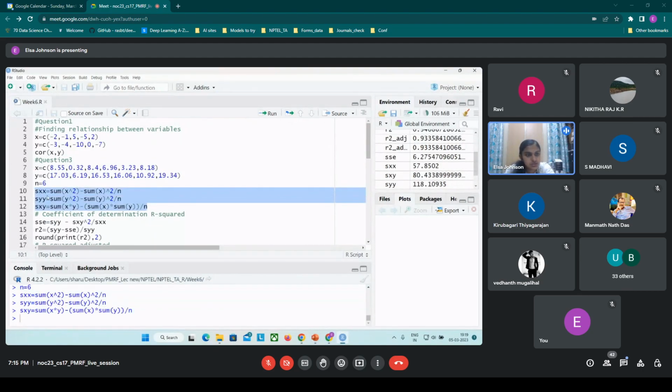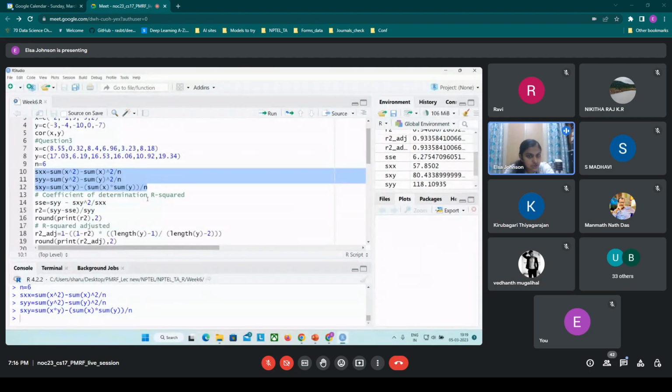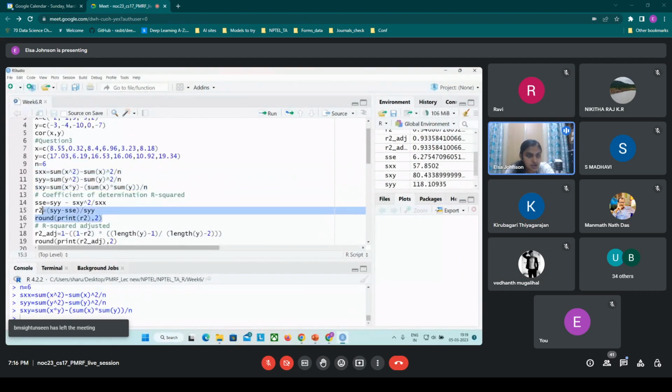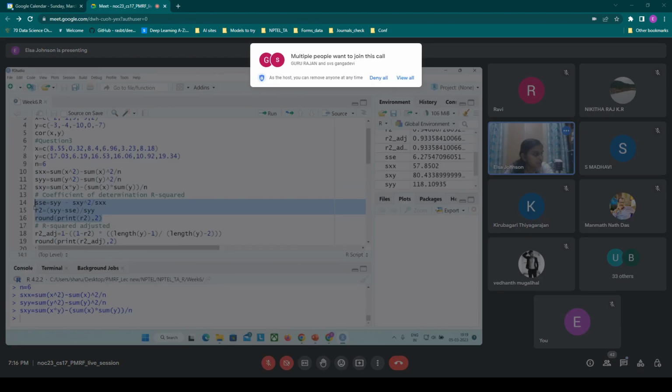If you calculate these, they are stored in SXX, SXY and SYY. Then the coefficient of determination, r squared, you can calculate by naming SSC equal to SYY minus SXY whole squared by SXX, and then r square equals SYY minus SSC by SYY. This is how you will solve the equation. In the next question we will see how we can calculate it using some libraries present here.